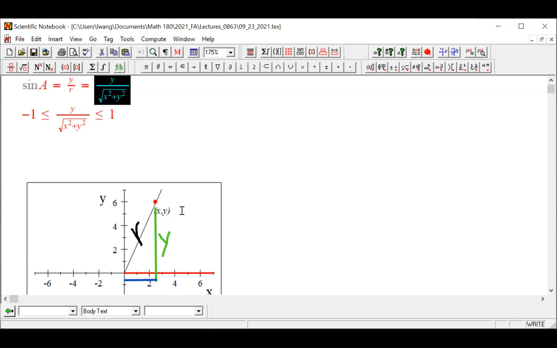Because the other functions are all reciprocals of the first three. If we can master the first three functions, then the other functions will be a piece of cake, because they're just reciprocals. Of course, they have their special features, and we're going to get to those on Monday.